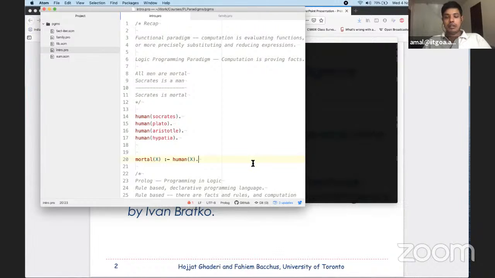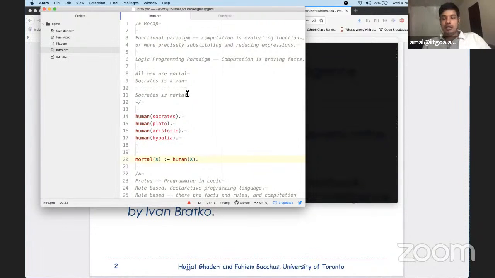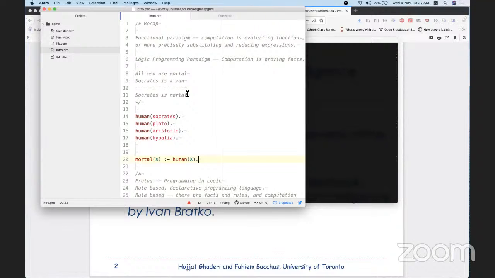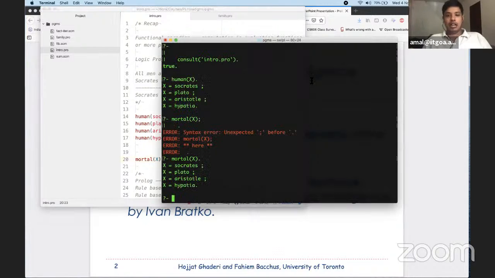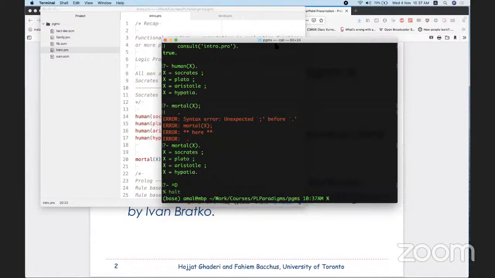Now, how many of you are in front of your machine? All of you? Can you quickly install SWI Prolog?